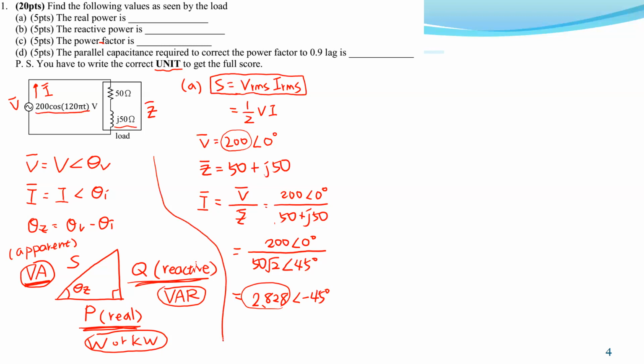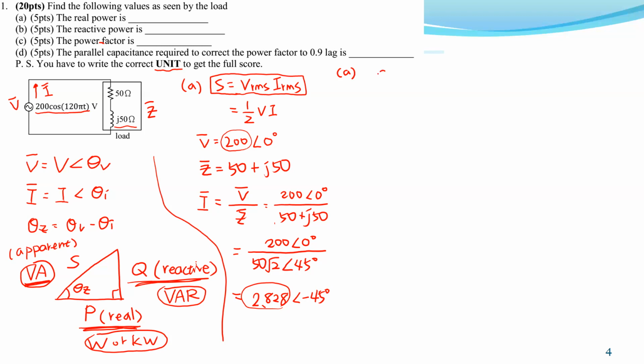So we can start solving problem A. For the real power, we need to solve apparent power first.